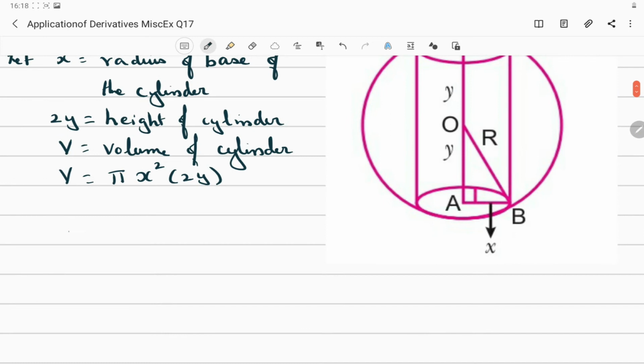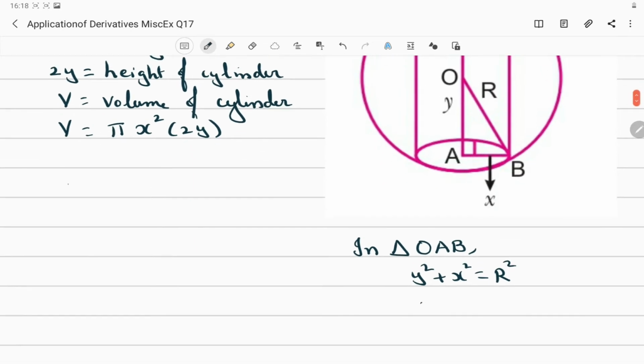So in triangle OAB, we observe that OA square plus AB square equal to OB square. So we can write y squared plus x squared equal to capital R square using the Pythagorean theorem. From this we get x squared equal to capital R square minus y square.